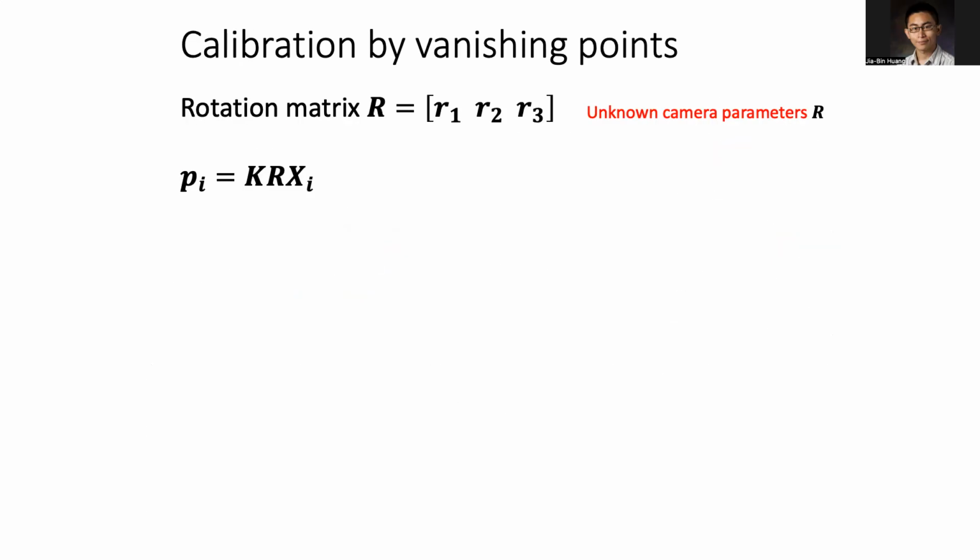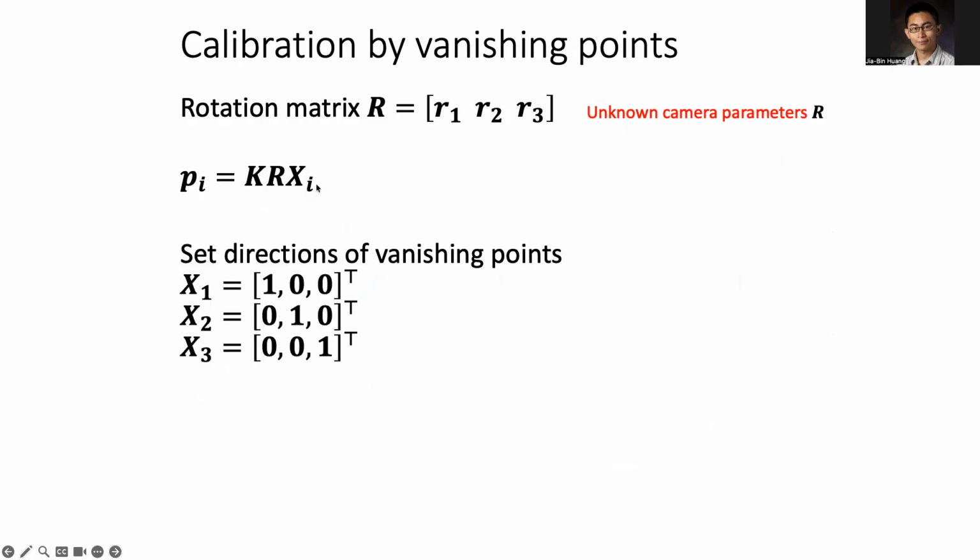Once you get K, you can also figure out the orientation of the camera with respect to the world. The reason you can do this is that you have this KR x_i. You can set the coordinates of the three vanishing points as (1, 0, 0), (0, 1, 0), and (0, 0, 1), which sets the X, Y, Z axes of the world coordinate system.